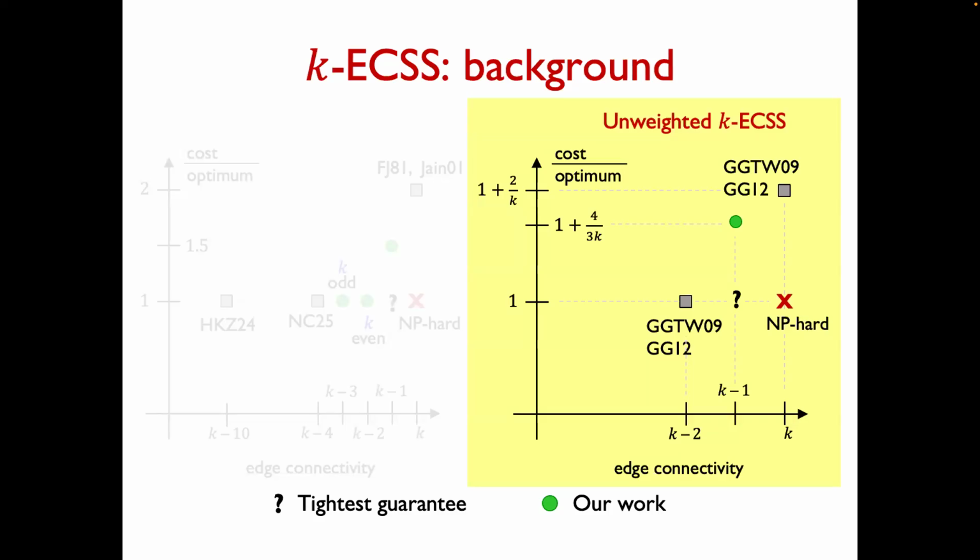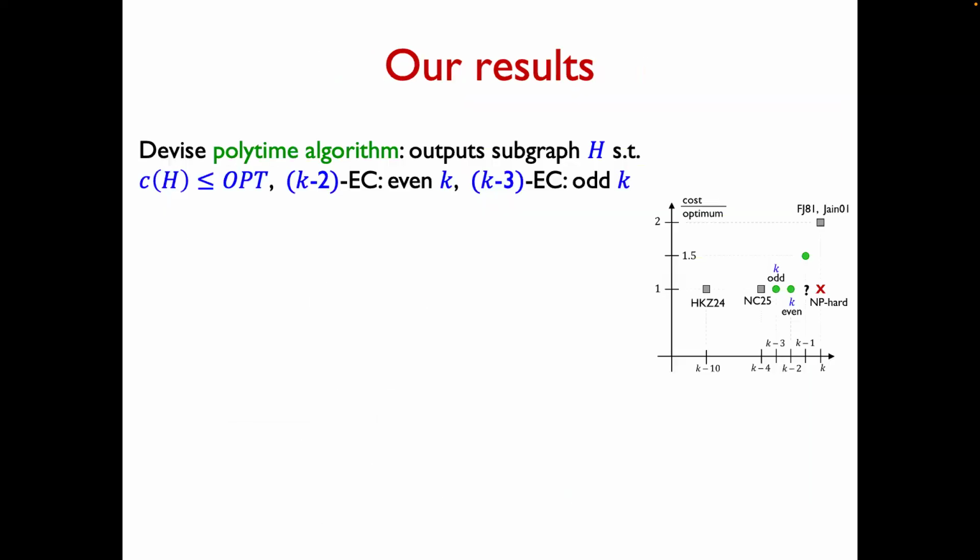All right, let me state these same results again, but in an easier to parse form. As I said, we give a polytime algorithm. It outputs a subgraph that has cost at most the optimum and is k minus 2 edge connected for even k, and for odd k it's k minus 3 edge connected.